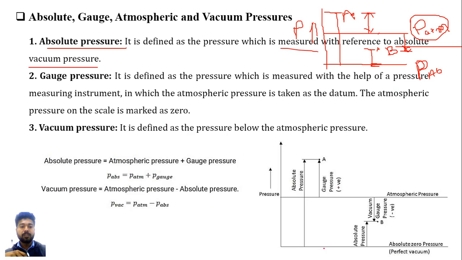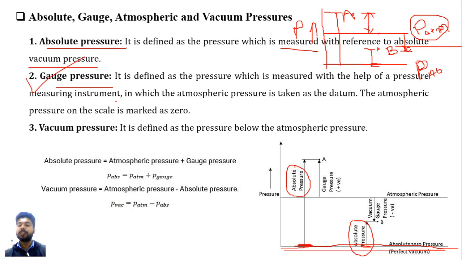Means whenever you find the pressure value from this absolute vacuum, at that time this pressure is called absolute pressure. Again, this one is your absolute pressure, because you are taking the reference of this P absolute over here, and over here that is again the P absolute.